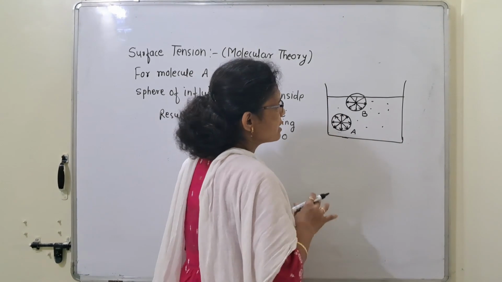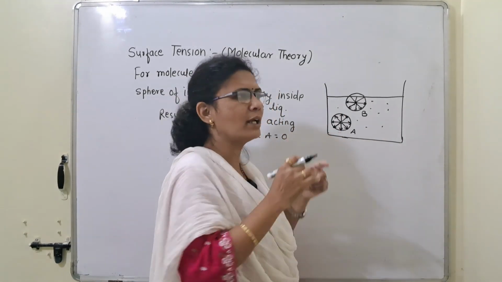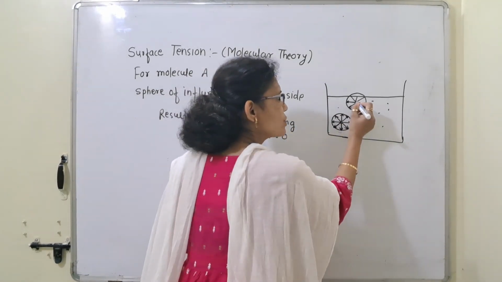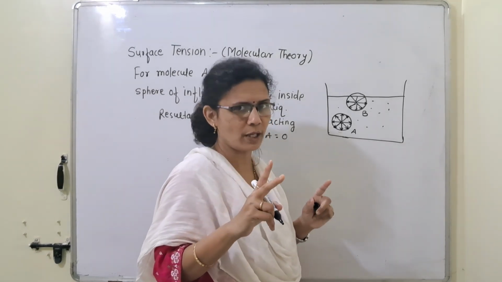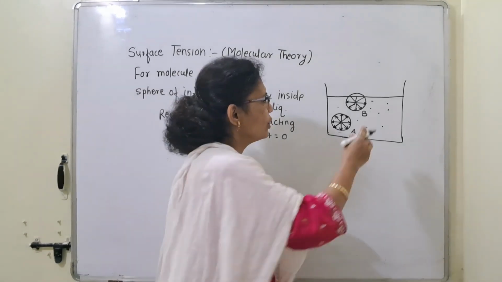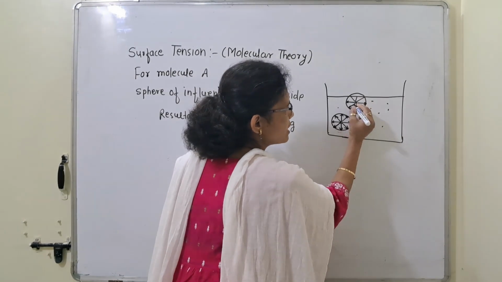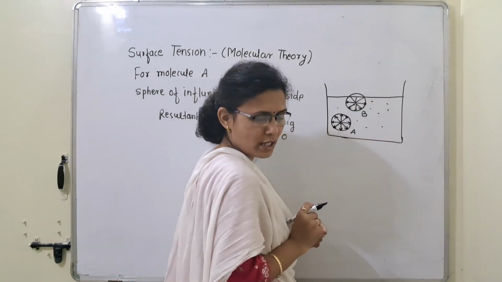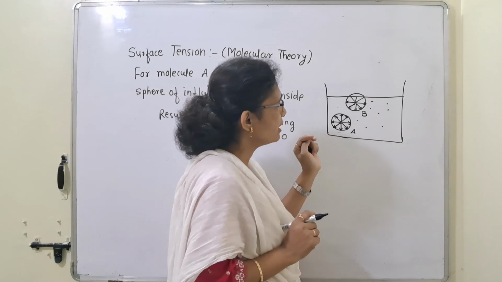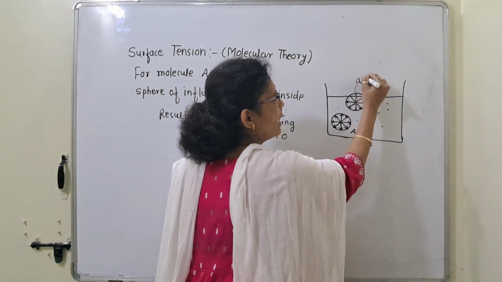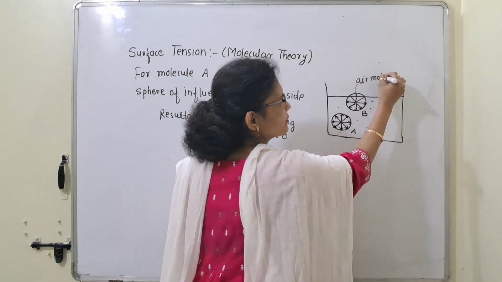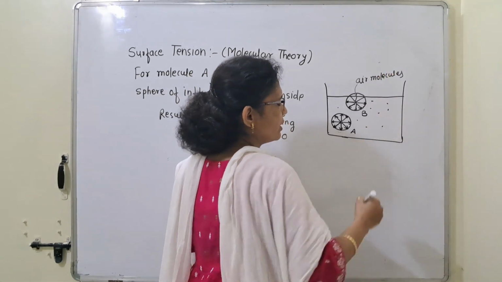Now if we consider the forces acting on molecule B, those forces will be of two types. One, it will be cohesive due to the water molecules present in the bigger part of the sphere of influence, and in the small part which is outside the liquid, there will be air molecules. Right?